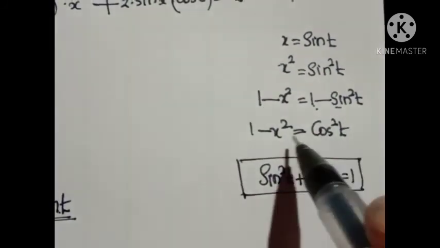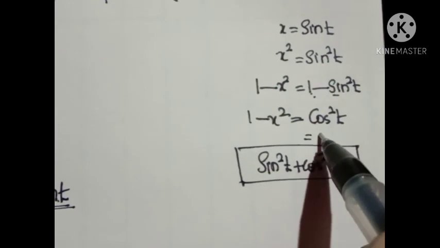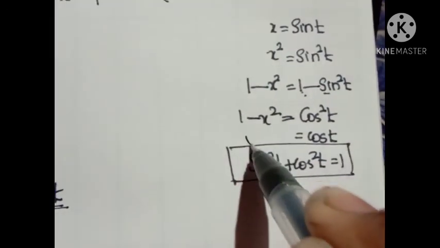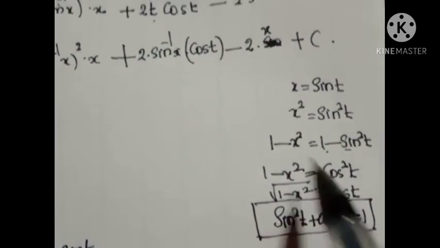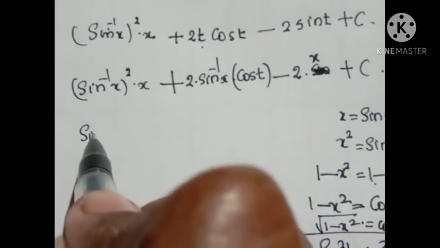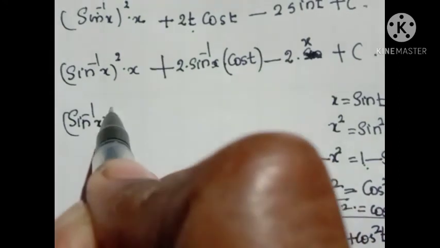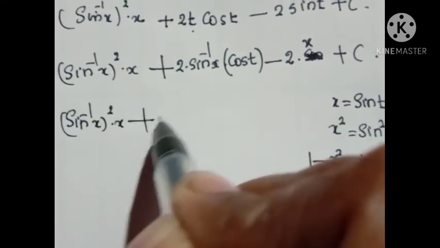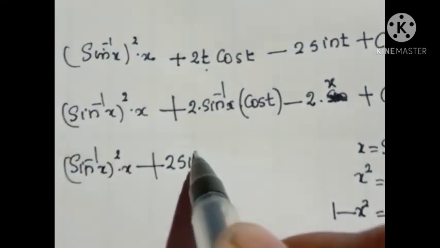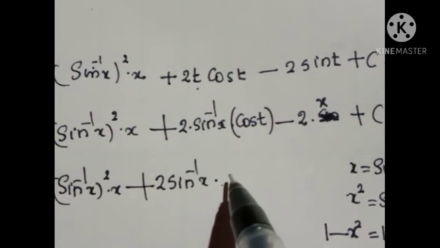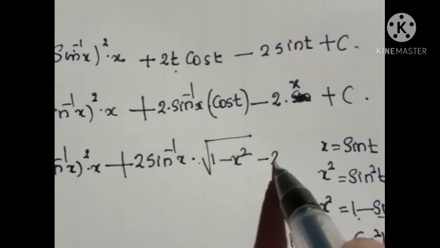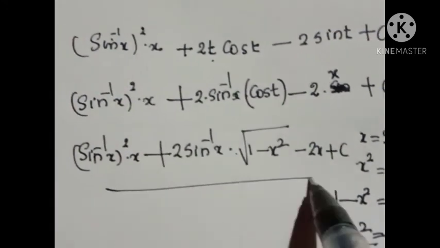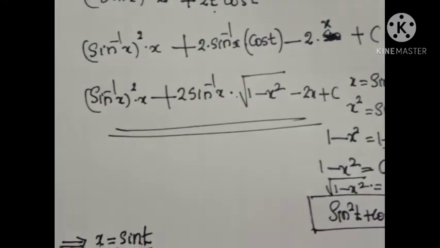So cos square t is 1 minus x square. So what is cos t? It is root of 1 minus x square. So replace this value here. So this is (sine inverse x) whole square into x plus 2 sine inverse x into root of 1 minus x square minus 2x plus c. So this is our answer.